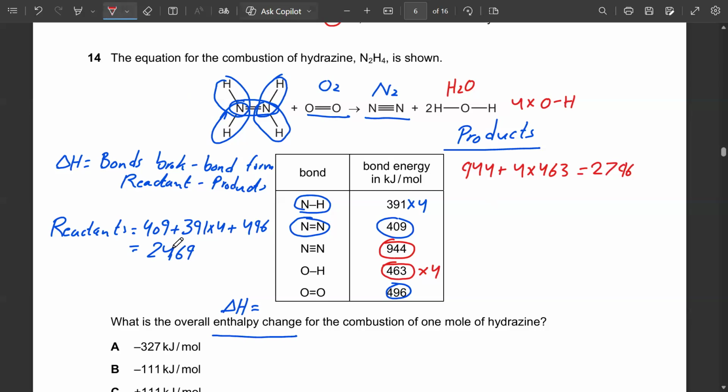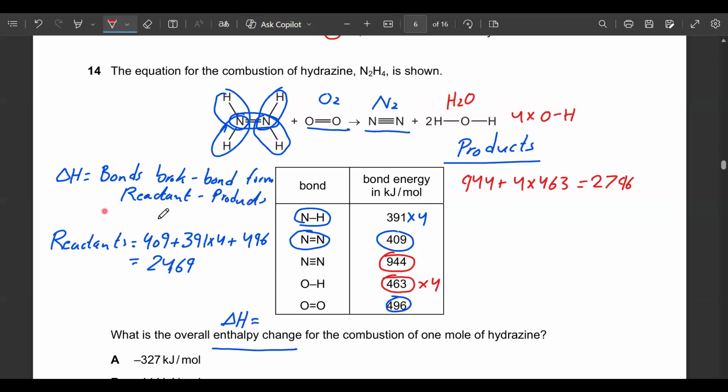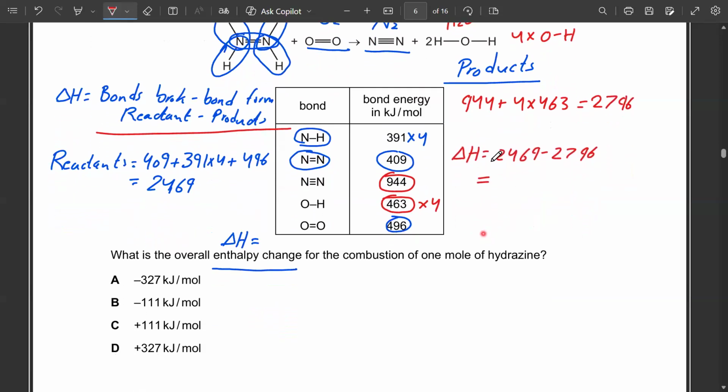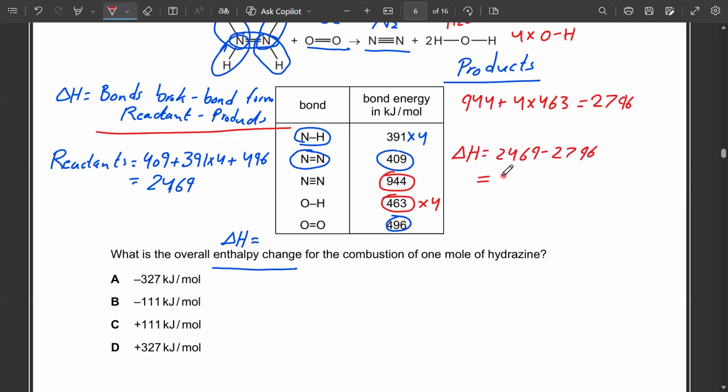If there is any difference of value, please tell me. Okay, no one has given any other value. So we now use this formula to find the enthalpy change. That means delta H is equal to bonds broken minus bonds formed, which is 2469 minus this value, 2796. What's the answer you are getting? Yes, students. What's your answer?